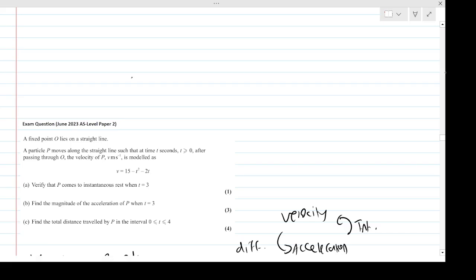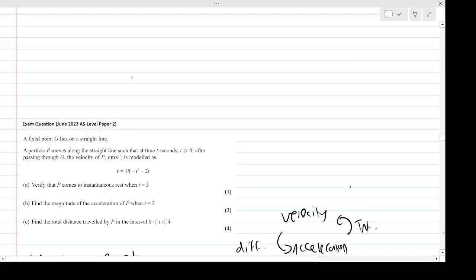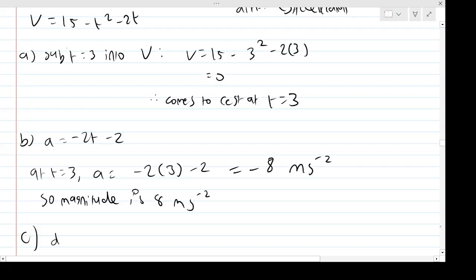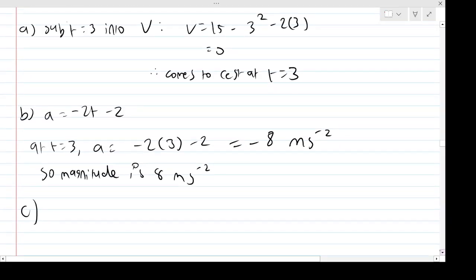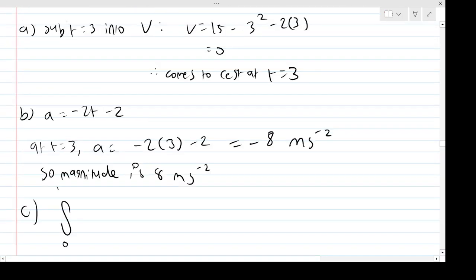Okay. Now again, if I then just do the integral method, so to find the distance, well, if it's between 0 and 4, you'd expect to integrate between 0 and 4 of the velocity, right?